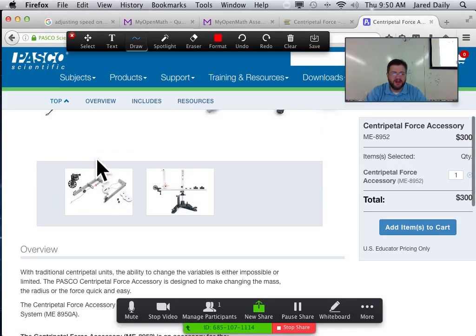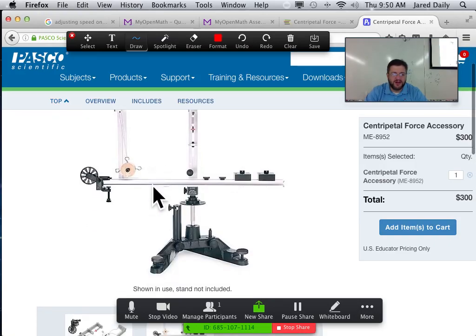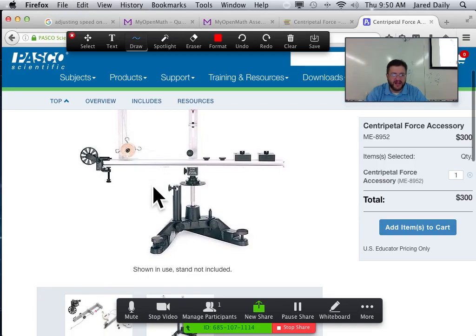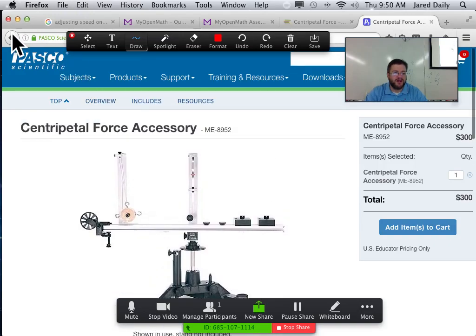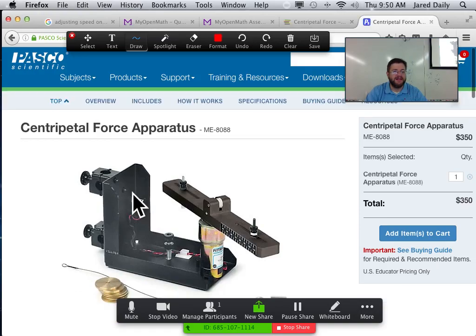Although that one might be, hey, turn. Yeah, this one you have to attach a motor to it, I guess. That's not the one I was thinking of. Not the one I found yesterday. Here it is. This is it right here. It's much smaller. It's only $350.